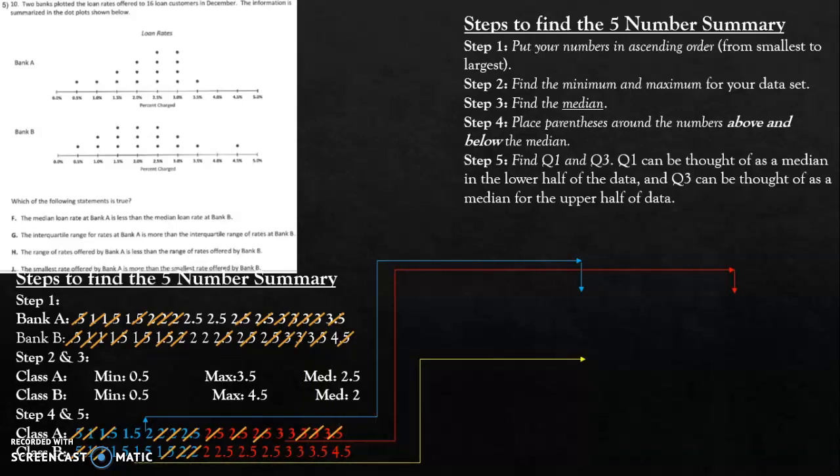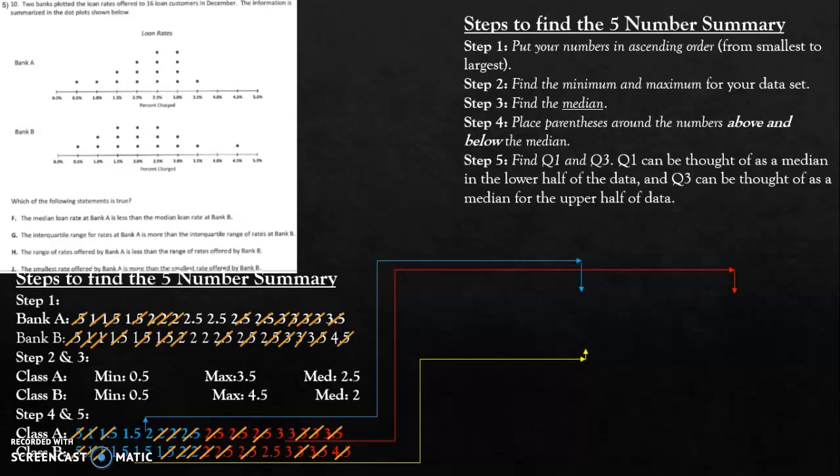Notice that for both of them, for my medians, I have 2 values. So once again, I'm going to have to get the average of both. For bank A, I have a median between 1.5 and 2, so I will add them together and divide by 2.